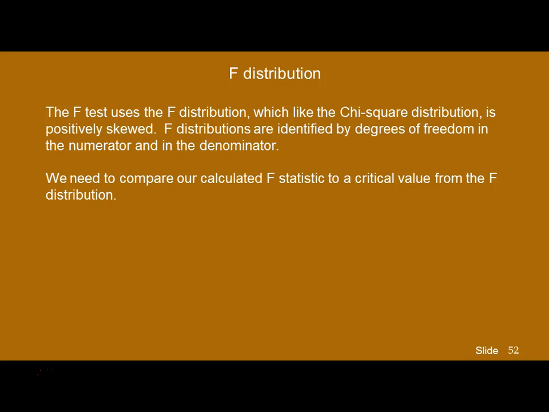It's identified by both its degrees of freedom in the numerator and in the denominator. So the F ratio that we just looked at has 1 degree of freedom in the numerator, the number of independent variables, and in the denominator it has n minus 2, which in the problem that we've been doing, n was 6, so n minus 2 is equal to 4.